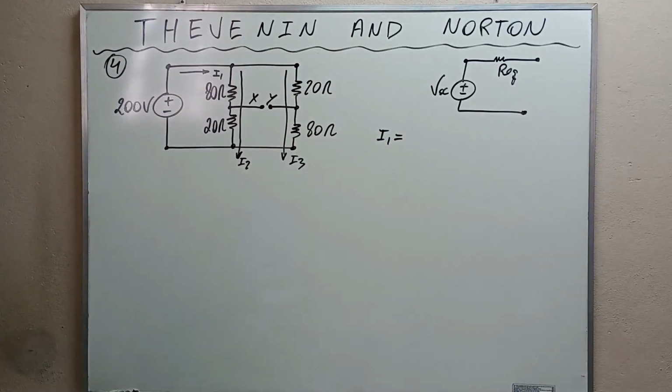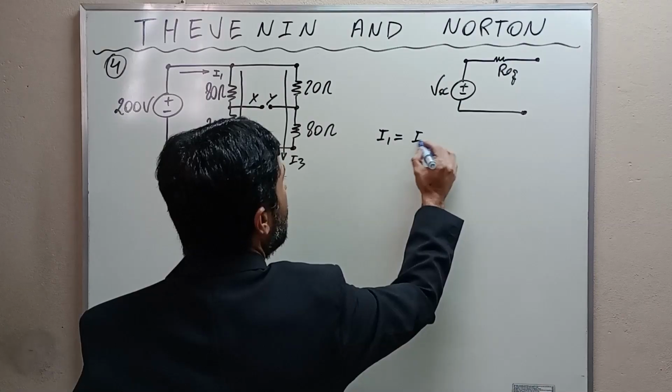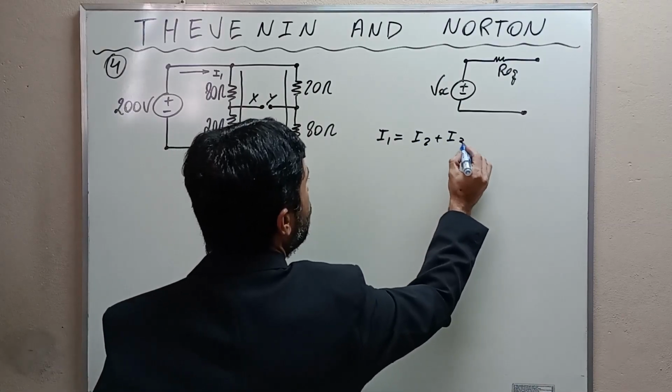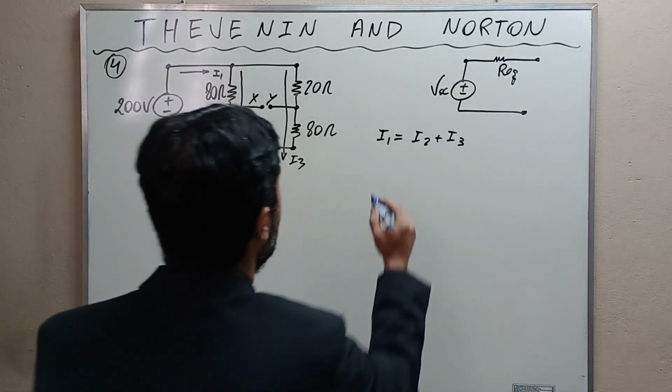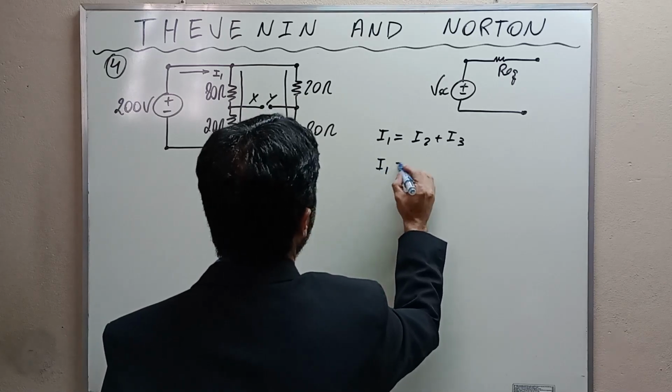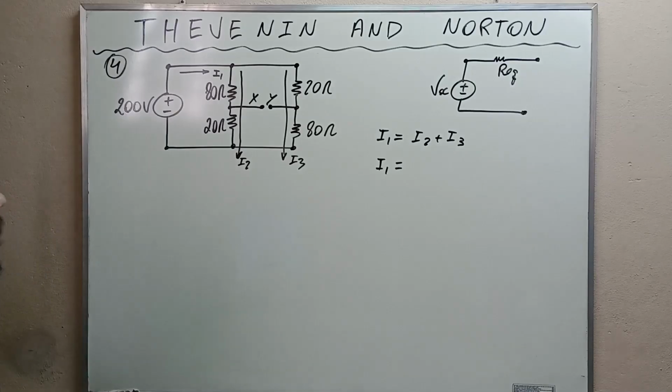And what are the currents leaving the node? I2 and I3, okay? I2 plus I3. Alright, my friends? And I2 is equal to, I1 is equal to I2.